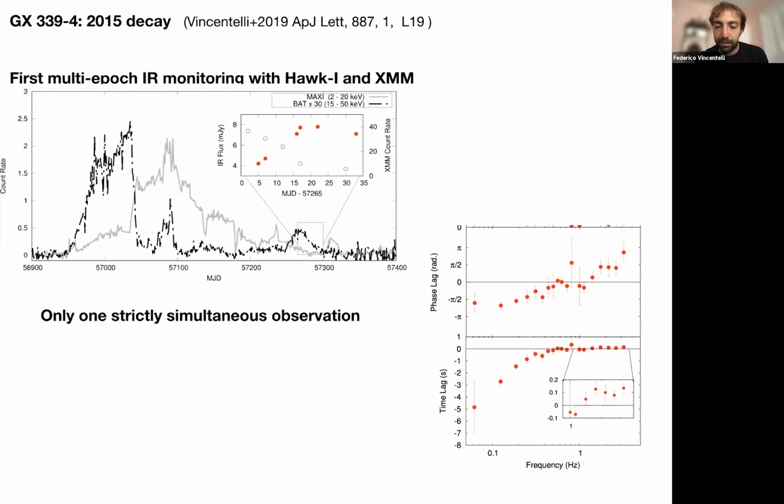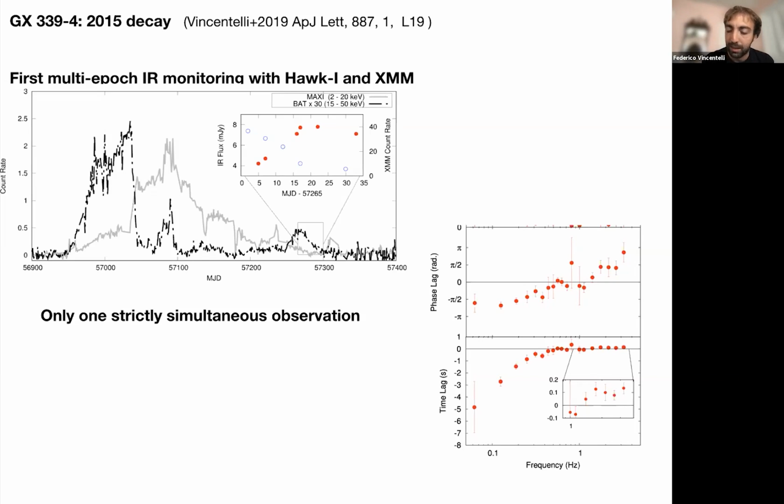And you can see this is the time lag as a function of the Fourier frequency. There is the 0.1 second lag that has already been observed many times for this source, but there is also a negative phase lag, which is still unclear, because it can be explained with both the hot inflow and the jet model. I don't have time to go into the details. We can discuss it later if you want.